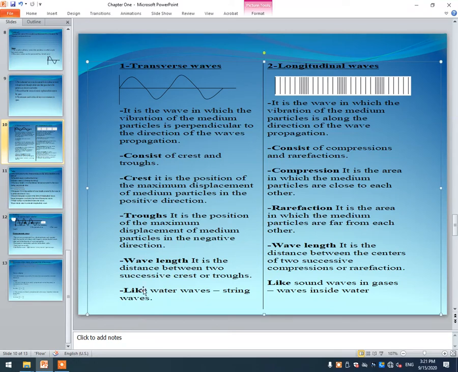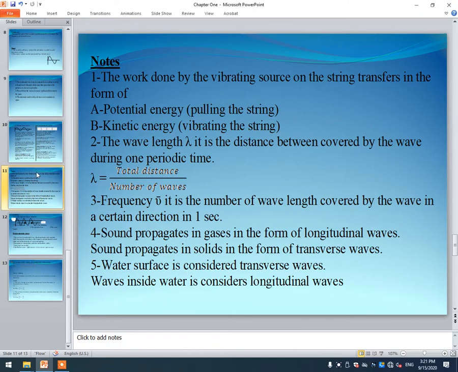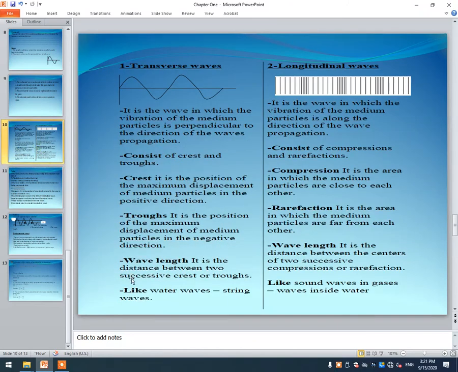And the example of the transverse wave, as you see here, is a water wave on the surface of the water. Don't forget that.